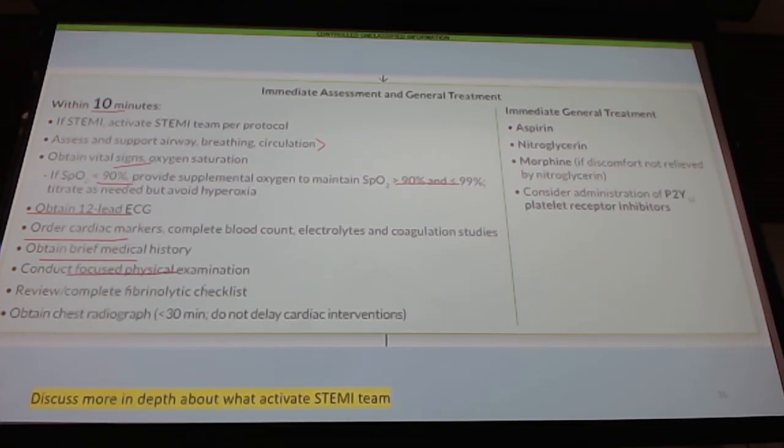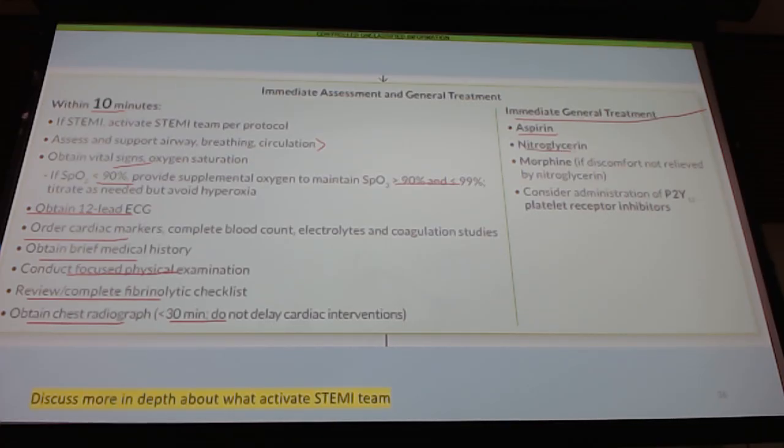Do a very focused physical exam, and then review the complete fibrinolytic checklist, which we're going to talk about, and obtain a chest radiograph within 30 minutes, but do not delay cardiac intervention if possible. When we look at medicines, for immediate general treatment, give aspirin if they haven't gotten it; hopefully they got that in the pre-hospital situation.